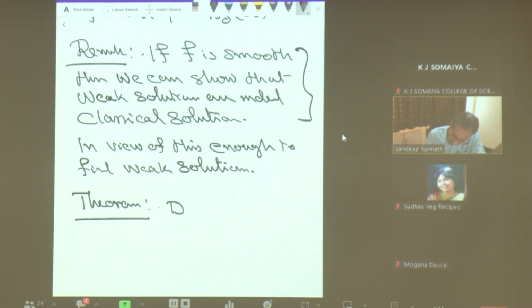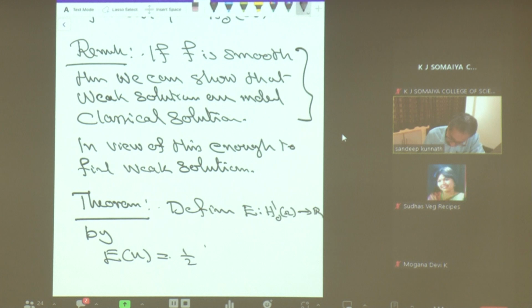So define E from the Sobolev space H^1_0(Ω) to R by E(u) equal to half of the integral over Ω of |gradient of u| squared minus the integral over Ω of capital F(x, u).